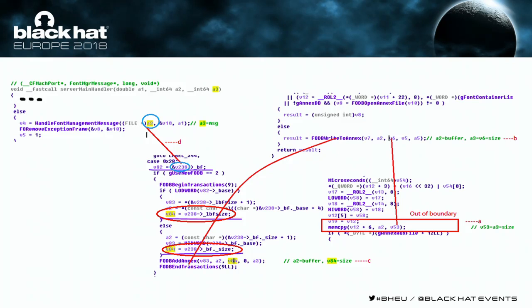However, in place D, we found that v238 equals a3, which is the message we send from outside, so we can control the copy size in the remote service client.